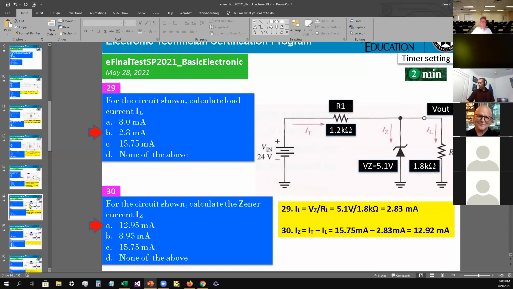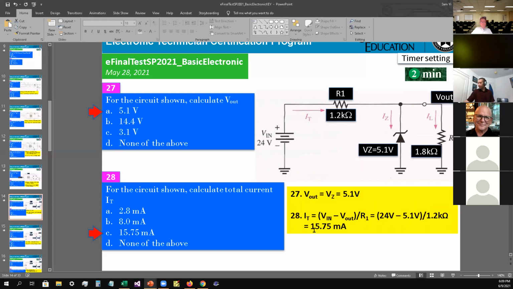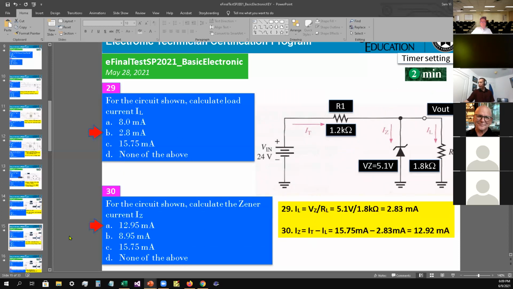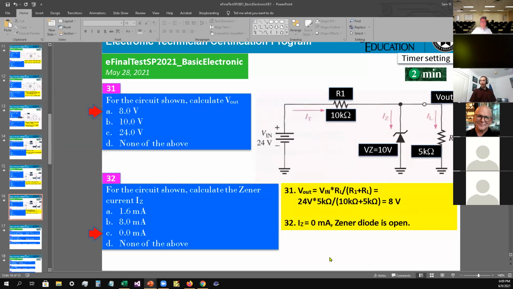So what was the I total? I total was the 15.75 from number 28, minus the IL, the 2.83, so that gives you 12.92 milliamp. So the answer is A as in apple for number 30. Any question? All right, next one.